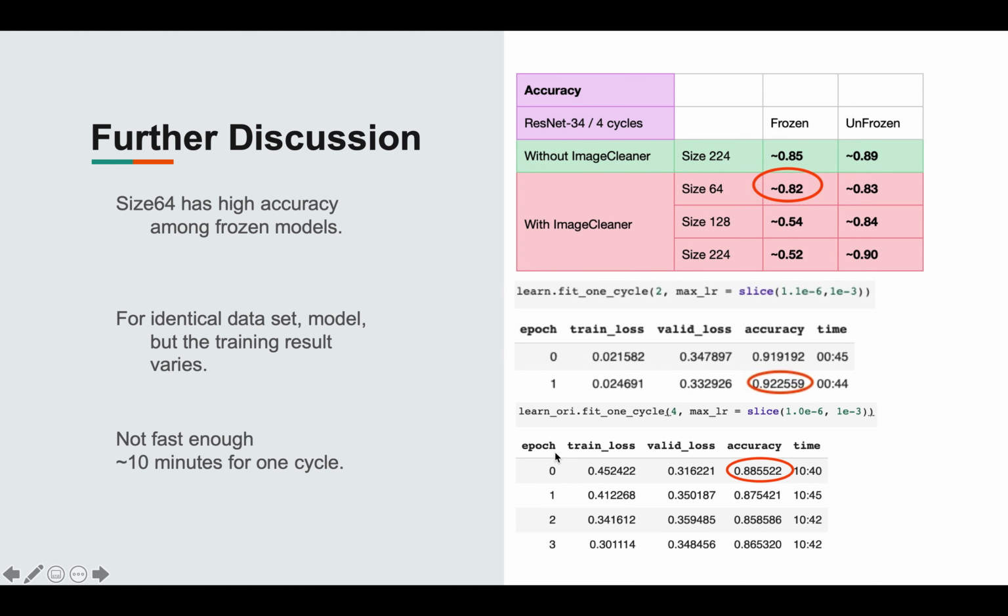And if we do it for the frozen and unfrozen, that is 40 minutes times 2, that is 80 minutes. And if we do it for different sizes, then times another 3. That is a lot of time for training. I think maybe fastai should be a little bit faster. Maybe this is something we can improve in the future for the fastai library.